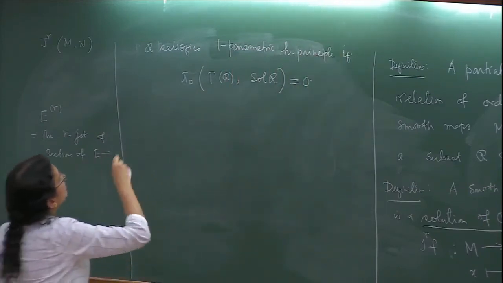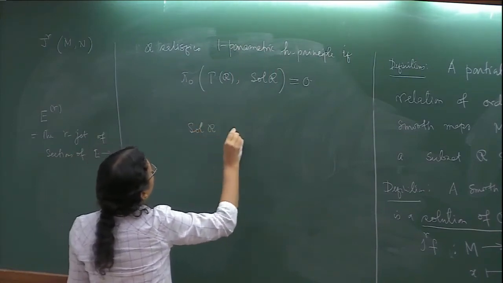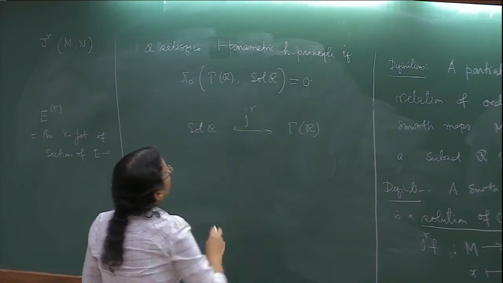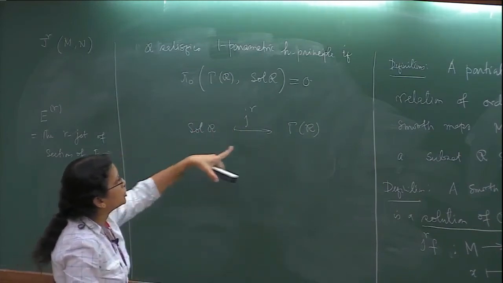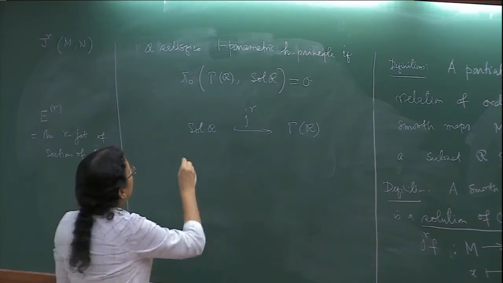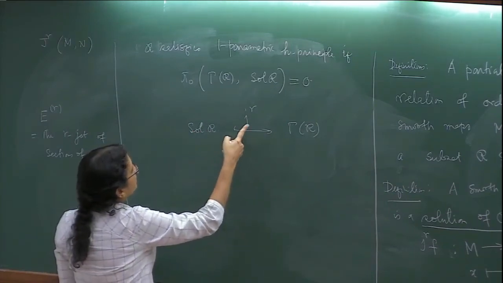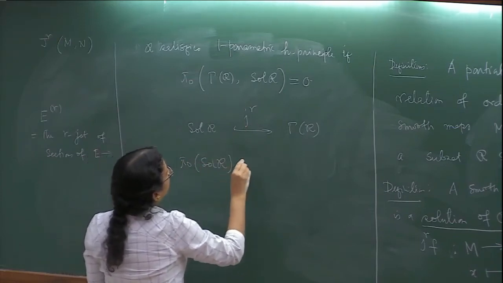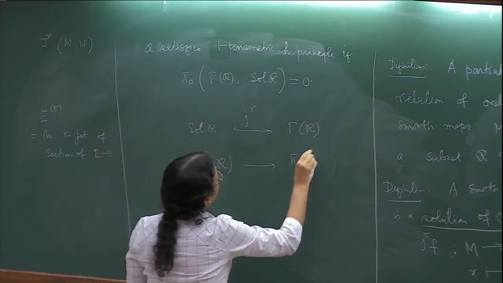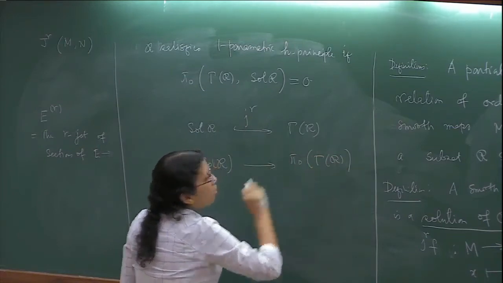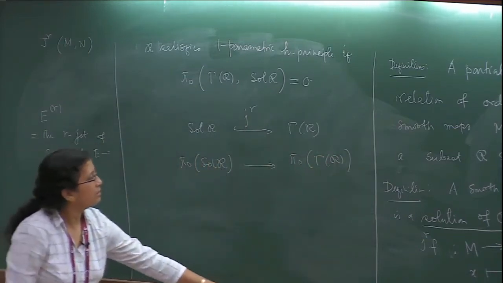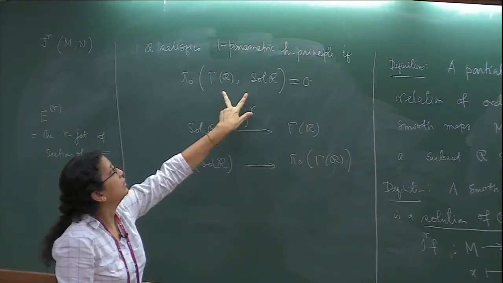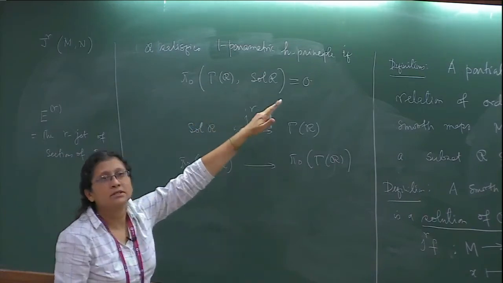Okay, what does this mean? This map, this is a topological space, this is a topological space. If I can show that this J_R induces a bijection between the components of these two spaces, then I can equivalently write that the relative homotopy group, 0th order, is 0.